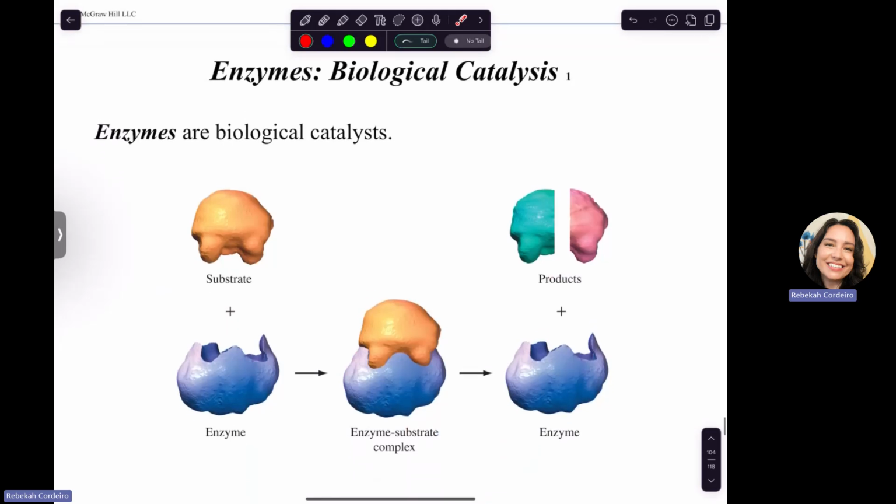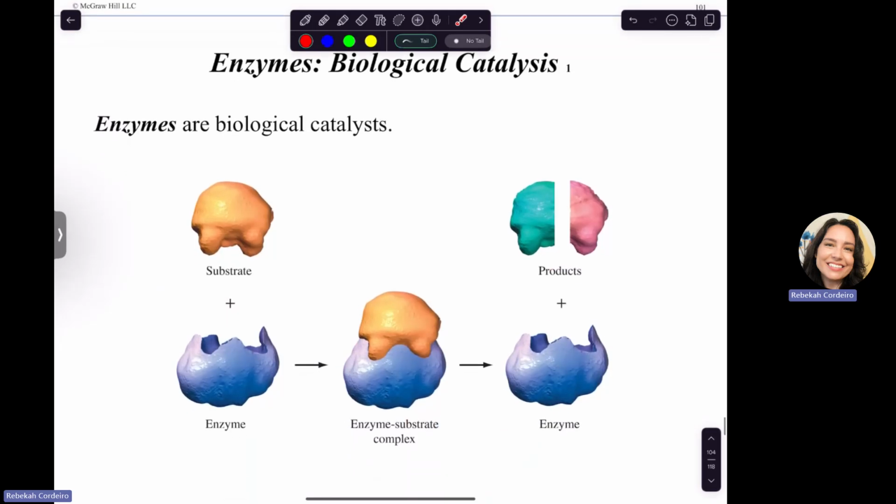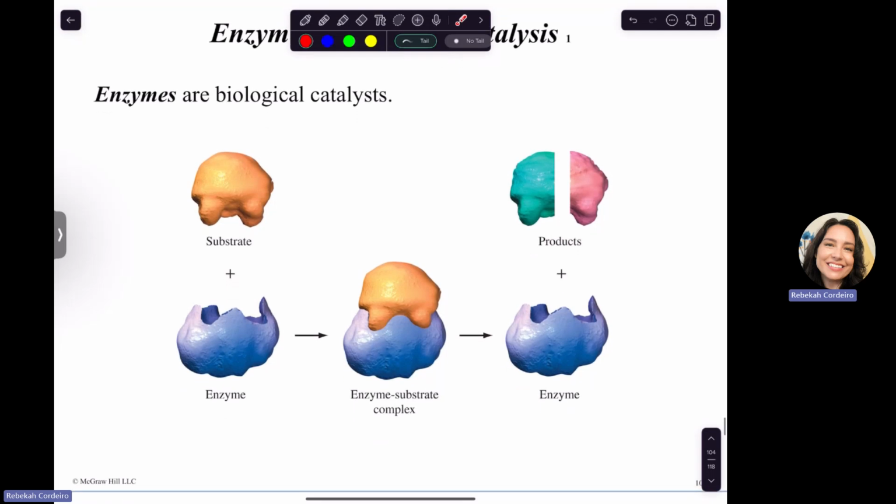And then lastly, you're familiar with biological catalysts if you have heard of enzymes. Basically, that's the same kind of thing. It just gets the right orientation. So the enzyme brings the substrate together. You make the enzyme substrate complex, and then the enzyme allows the substrate to do its thing to make your products.